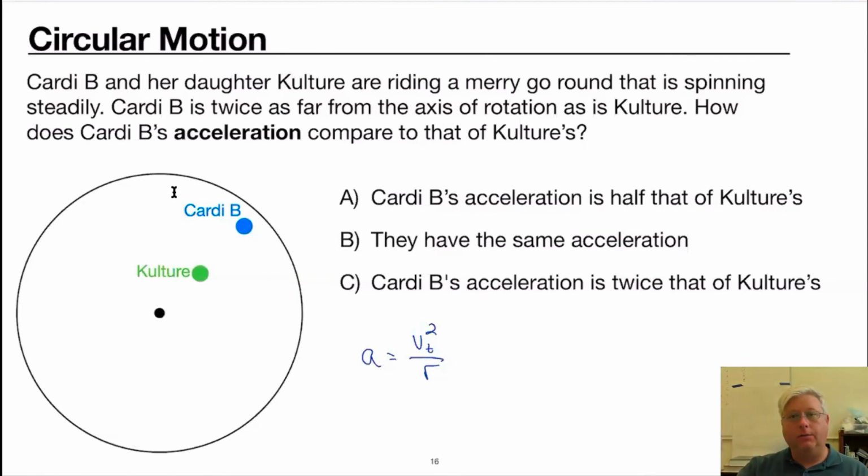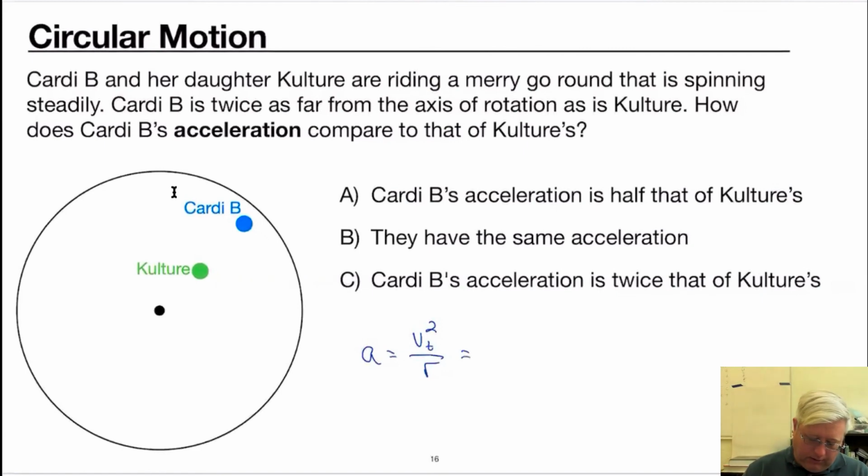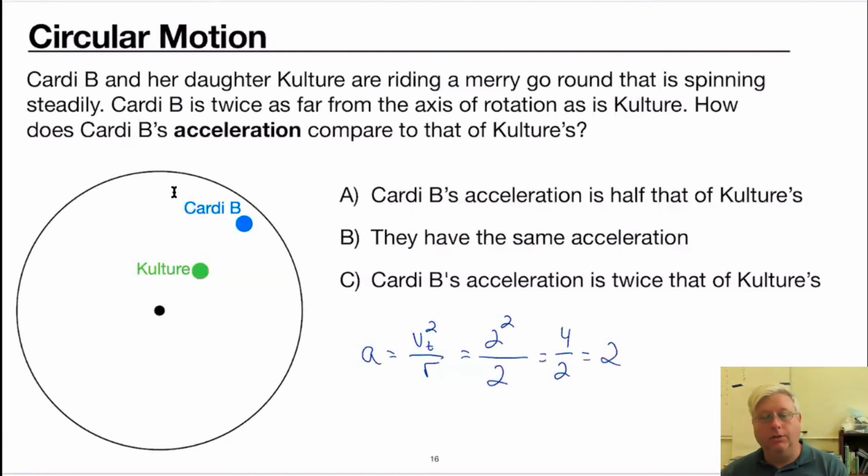We said that her tangential speed was twice as much. So it's going to be 2 times bigger, but it's squared, so it's going to be 4 times bigger, and it's also divided by the radius. She's got twice the radius. So that's 4 over 2. So it ends up being the acceleration is only twice as much.